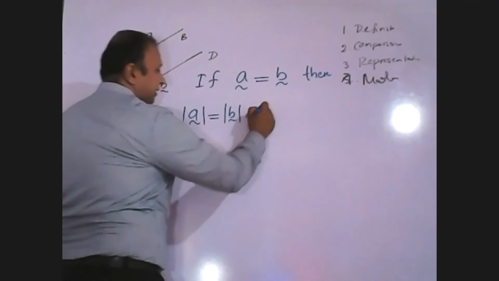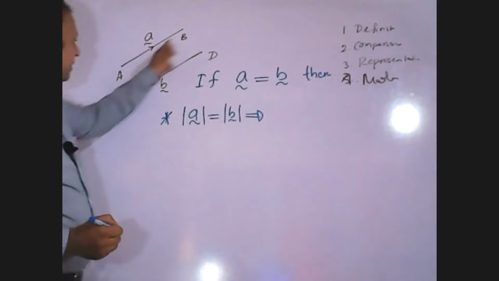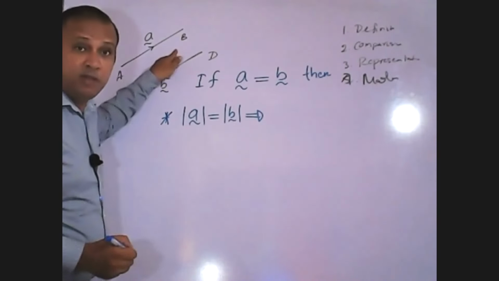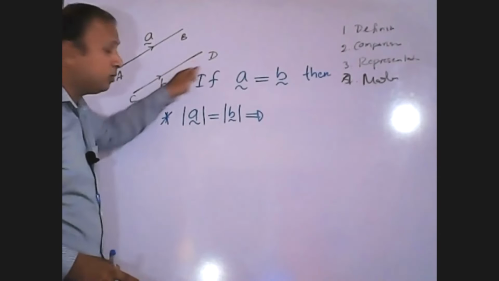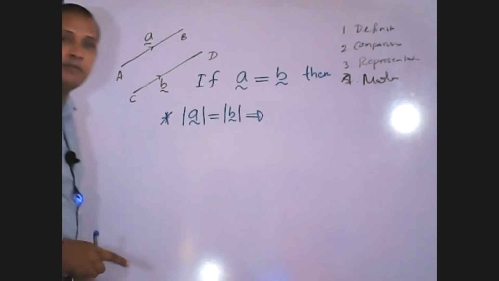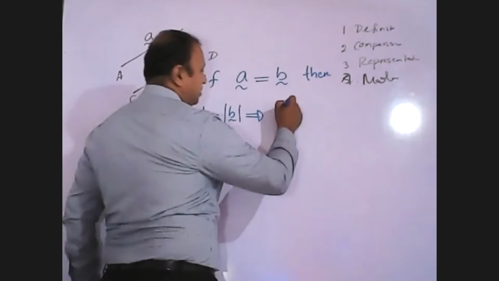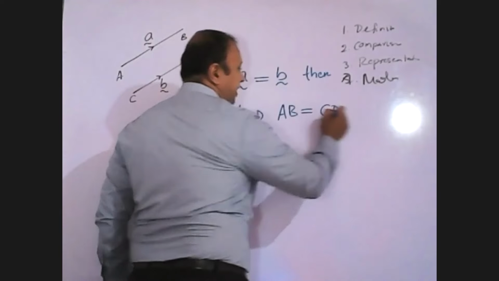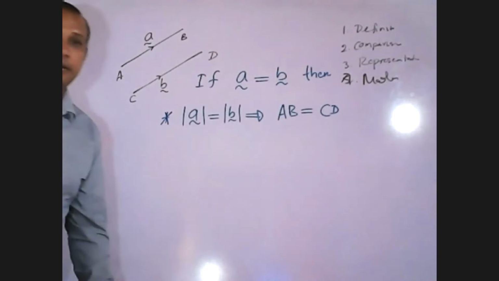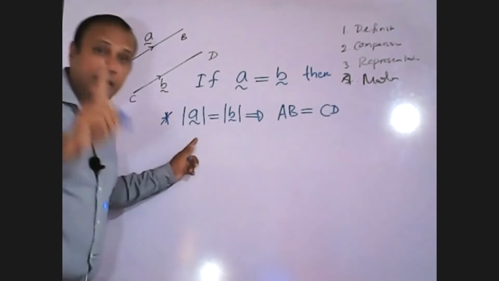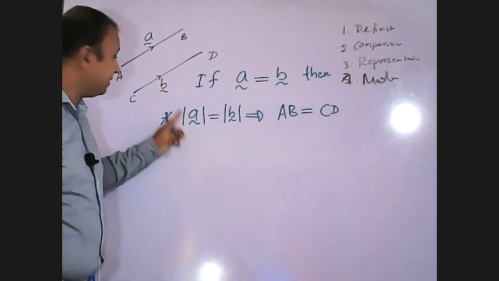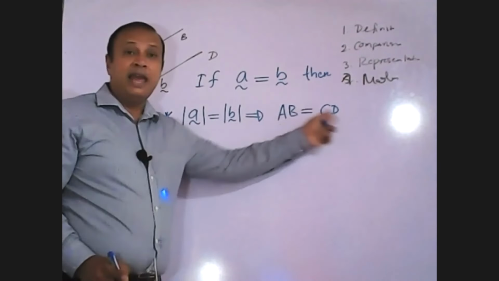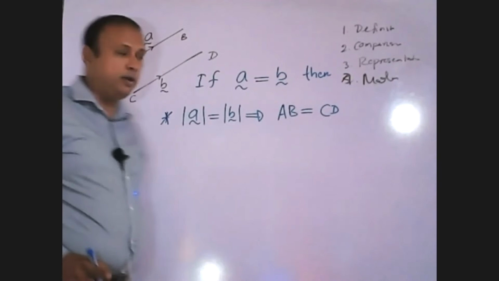That means the length of the AB line segment should be equal to the length of the CD line segment. Very important thing: if there are two equal vectors, the magnitude should be equal, so the lengths of their line segments should be equal.